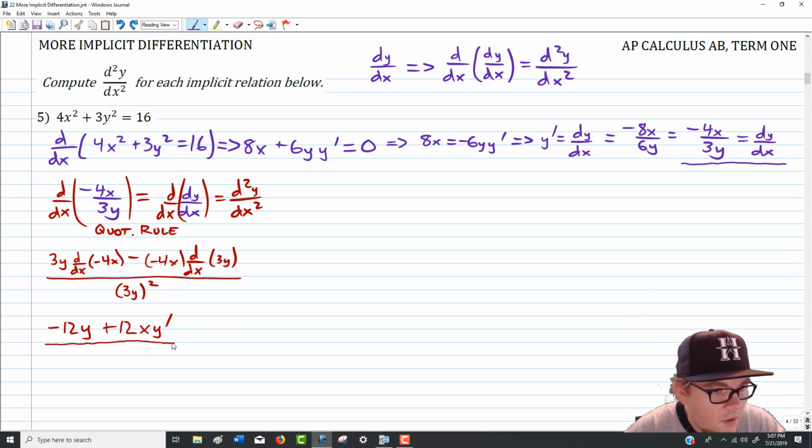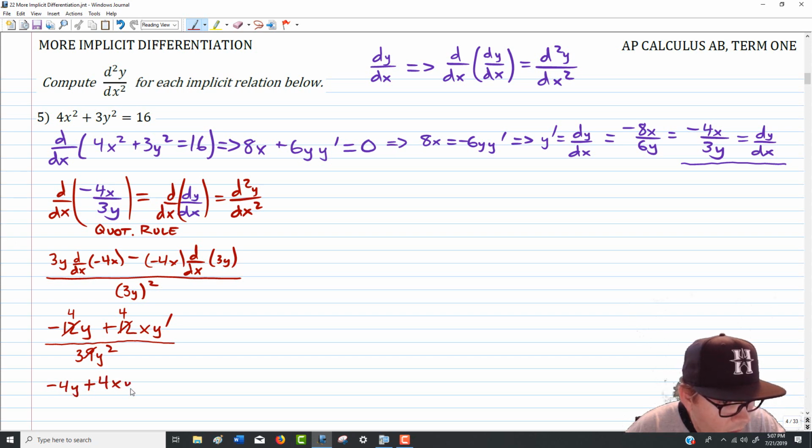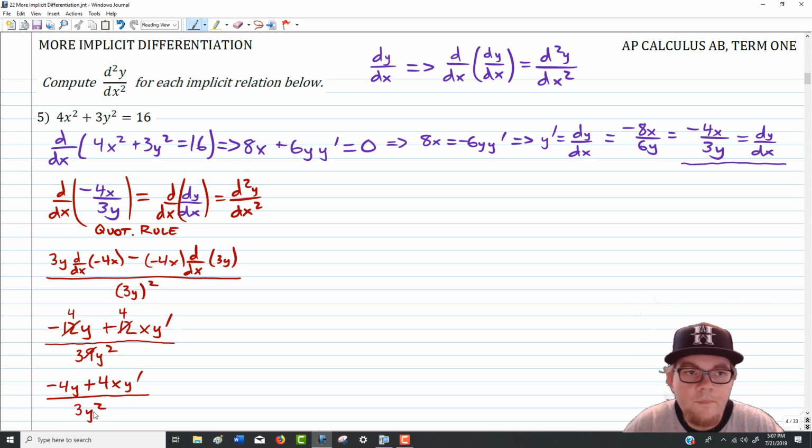Finally, the denominator is 9y squared. We could clean out a 3, dividing all terms by 3, and we get a slightly better looking expression. We're now sitting at negative 4y plus 4x y prime all over 3y squared.